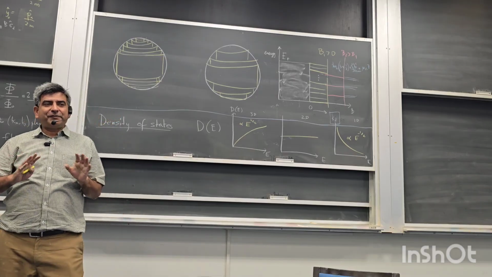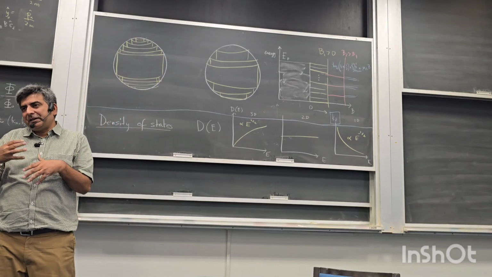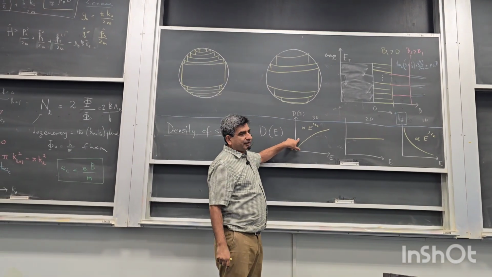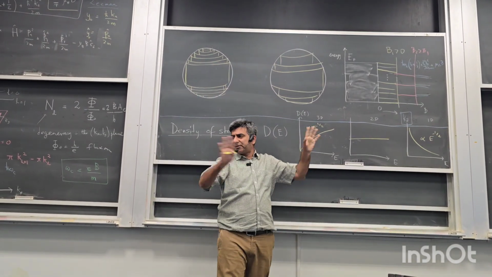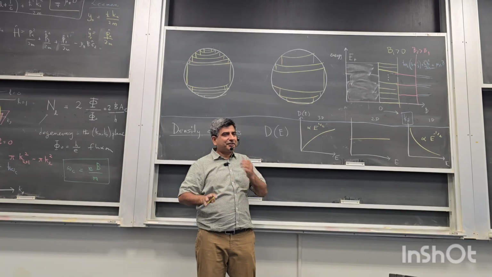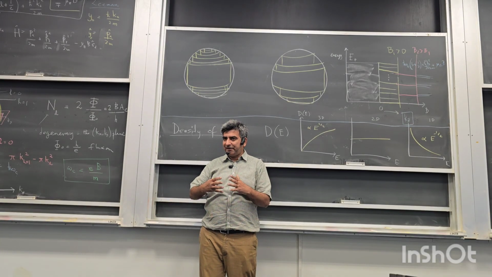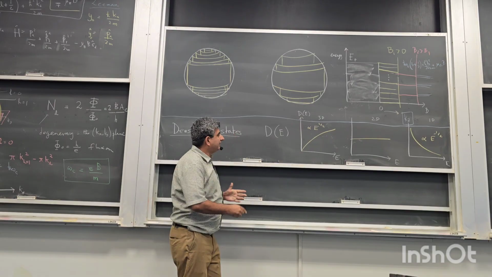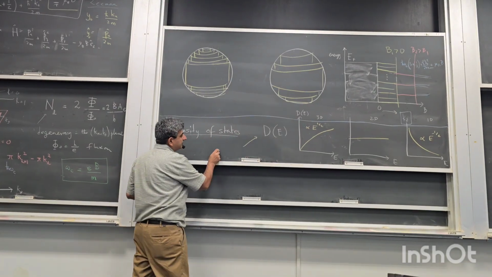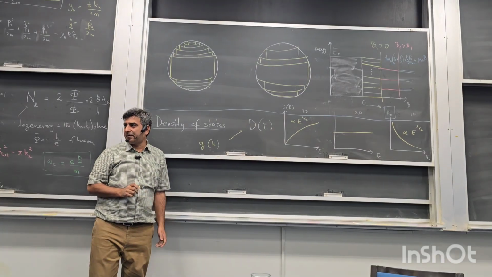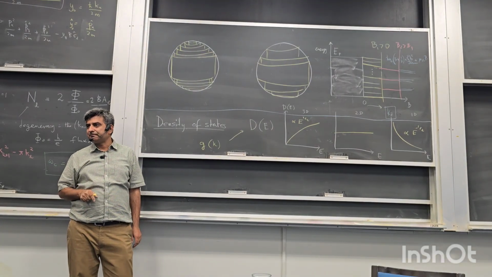Now another way of deriving the density of states, let me propose to you. If you would look at this 3D solid, suppose there is no magnetic field. The 3D solid has some structure in K space. So the density of states dE really comes from GK, the density of states in K space, and the dispersion relationship.